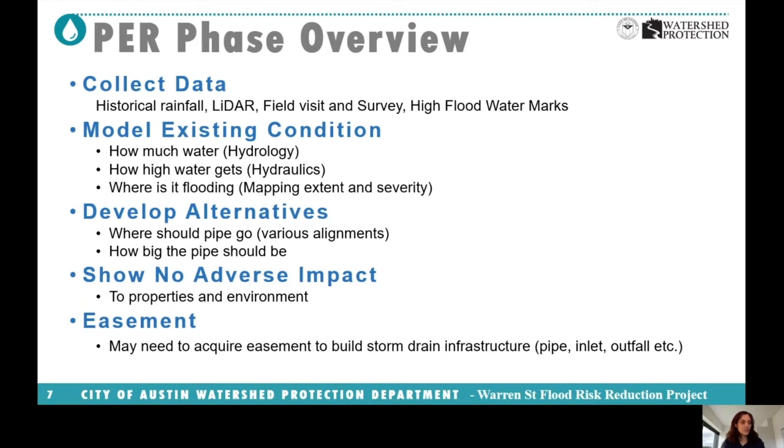And just briefly, an easement is the part of property where the city has limited rights of access and use, and the land is still owned by the property owner. We really do not have any idea, particularly for this project, if we need to acquire easement and how they would look. We will get a better idea by the end of this phase.